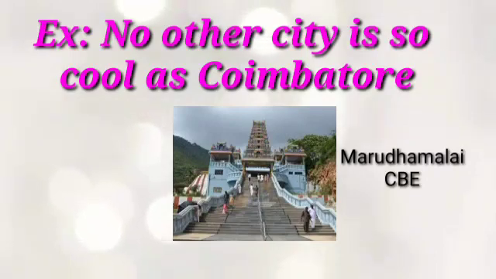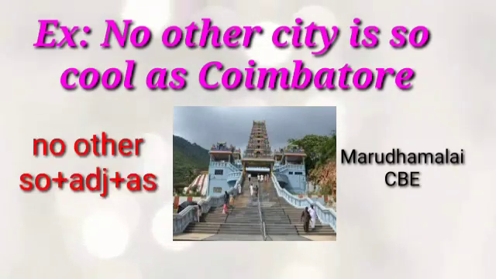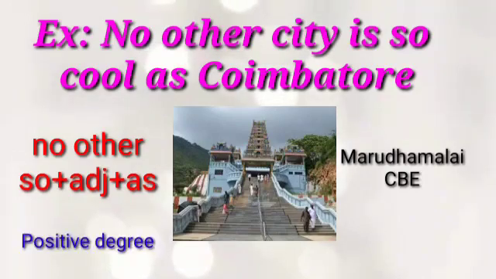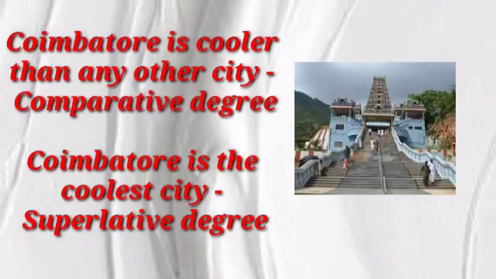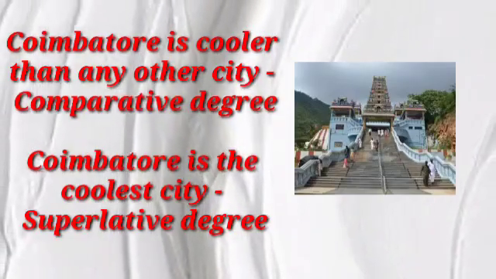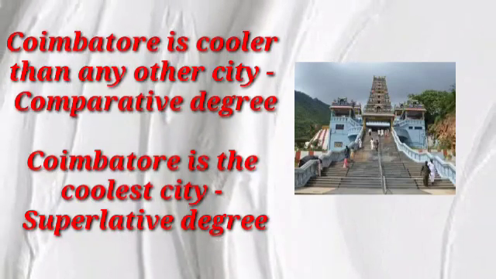By looking at the words no other, so plus adjective plus as, we can find out that the sentence is in positive degree. So we have to transfer the sentence into comparative and superlative degrees. Coimbatore is cooler than any other city. Coimbatore is the coolest city.